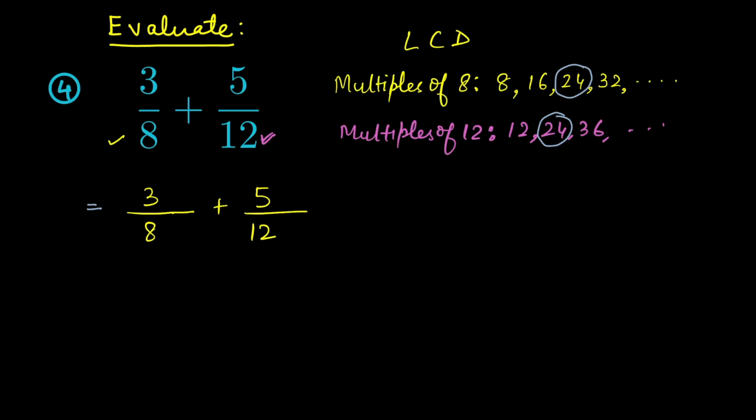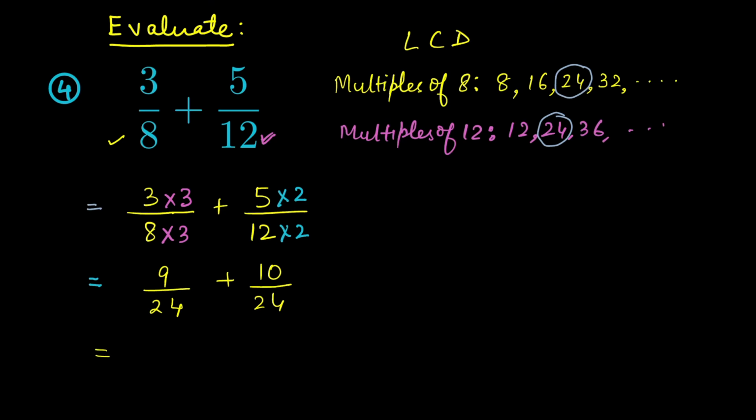To make each denominator 24, we multiply suitably. 8 times 3, and we multiply the top by 3 too. Whatever number you multiply to the bottom, the same should be multiplied to the top. Similarly, 12 times 2 is 24, and here we also multiply by 2. So we get 3 times 3, 9 over 8 times 3, 24, plus 5 times 2, 10 over 12 times 2, 24.